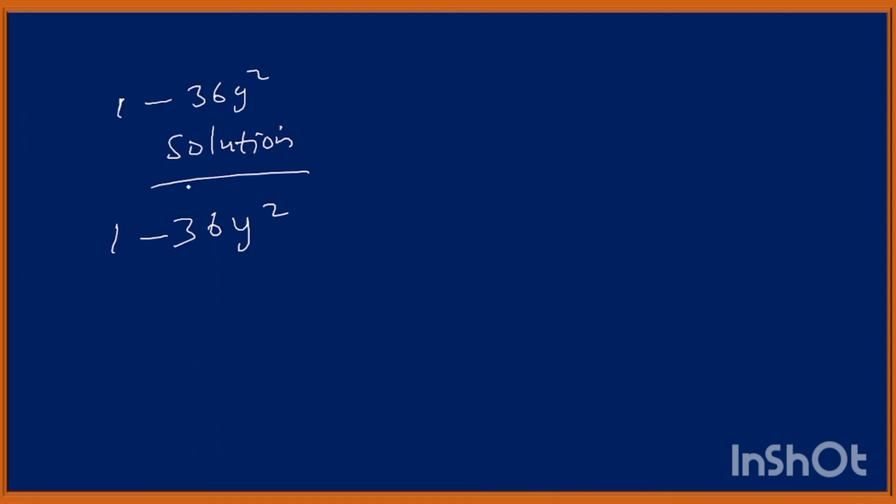They say factorize 1 minus 36y squared. If I want to factorize it, this is 1 minus 36y squared, and this is equal to 1 minus 6 squared y squared, because 36 is 6 squared.